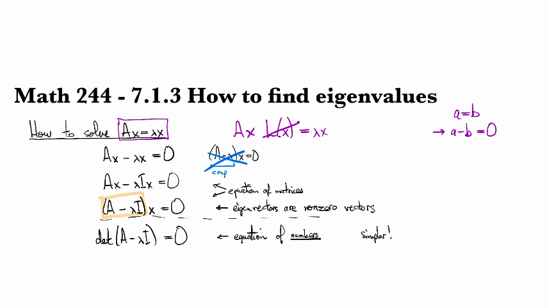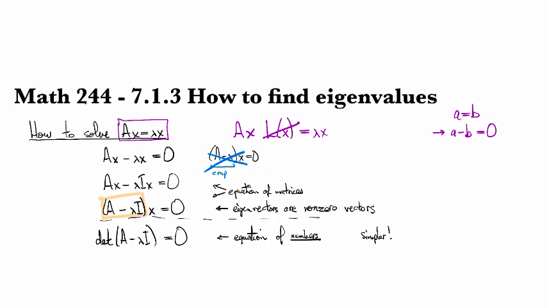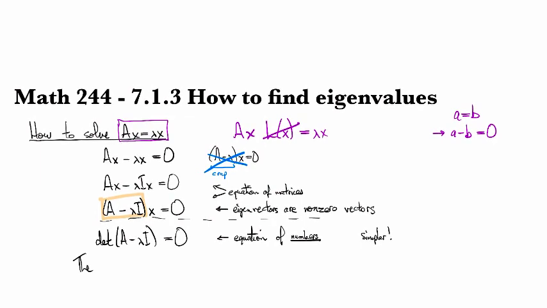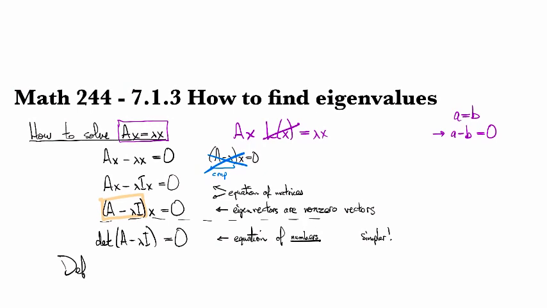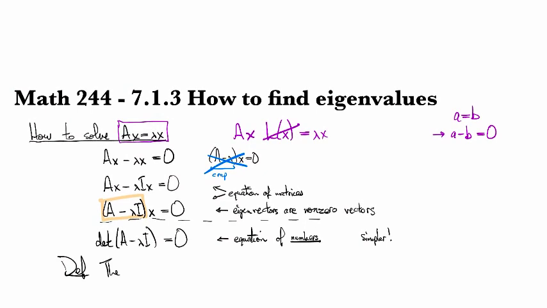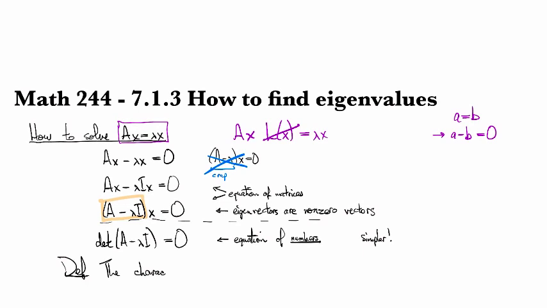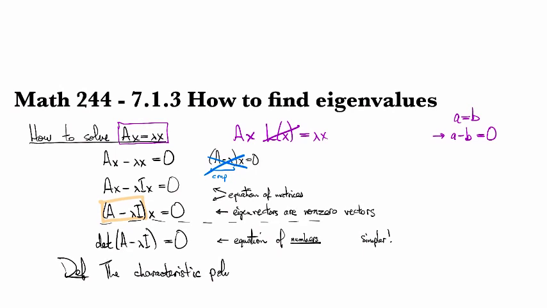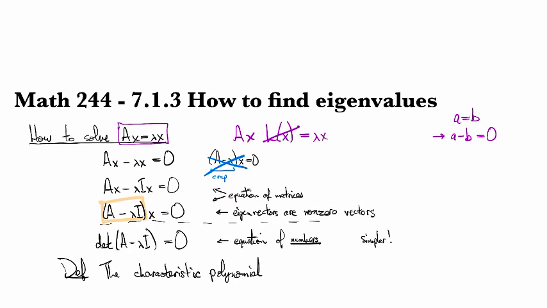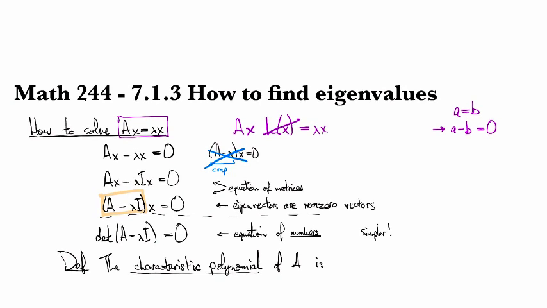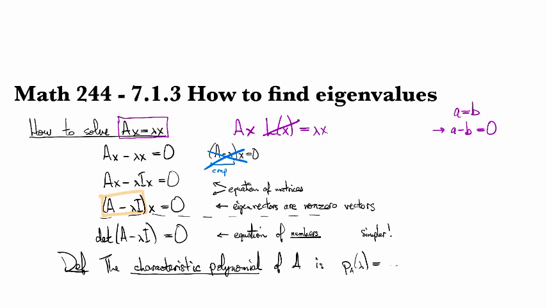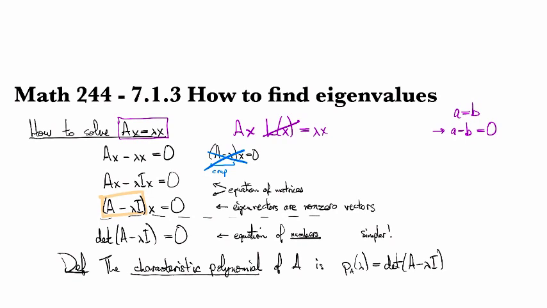So, this is called, actually, let me write it officially, the characteristic polynomial of A. This is the expression.